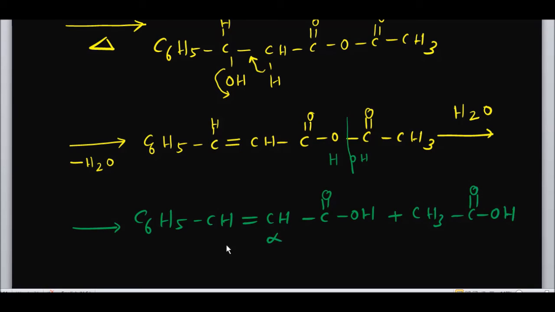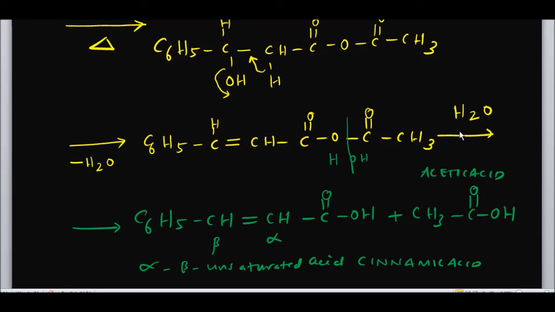The alpha carbon and beta carbon have unsaturation, thus it is an alpha beta unsaturated acid. Its name is cinnamic acid, and the other one is acetic acid. In this way the condensation takes place and the final product is cinnamic acid.